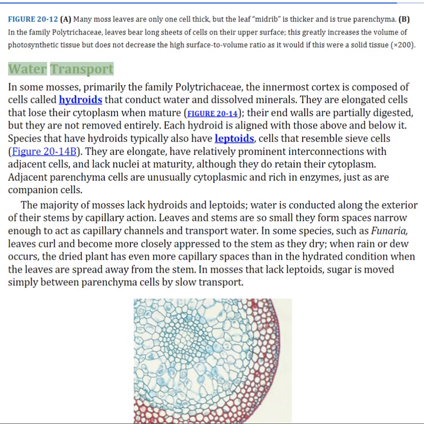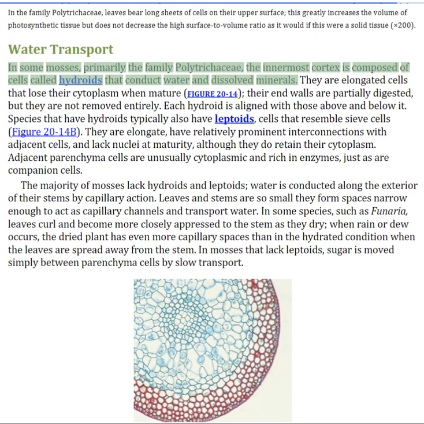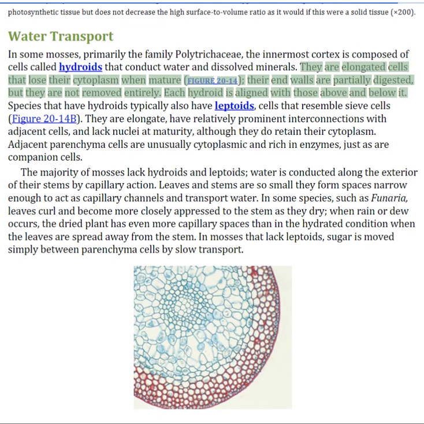Water transport. In some mosses, primarily the family Polytrichaceae, the innermost cortex is composed of cells called hydroids that conduct water and dissolved minerals. They are elongated cells that lose their cytoplasm when mature. Their end walls are partially digested, but they are not removed entirely. Each hydroid is aligned with those above and below it.